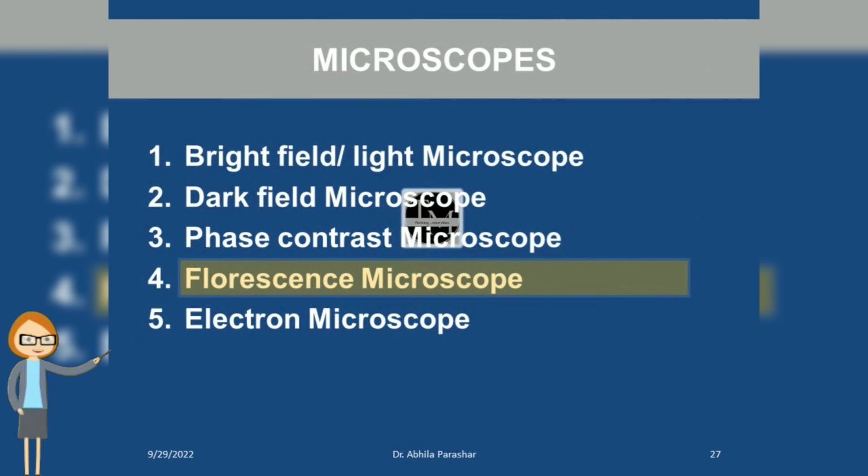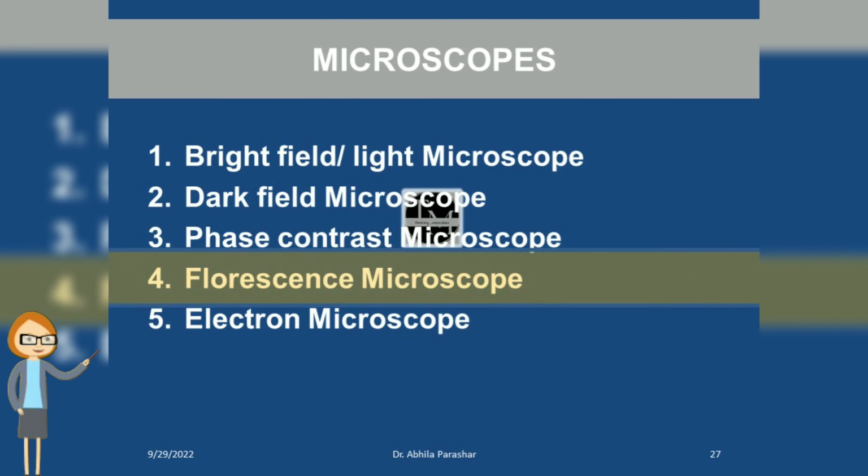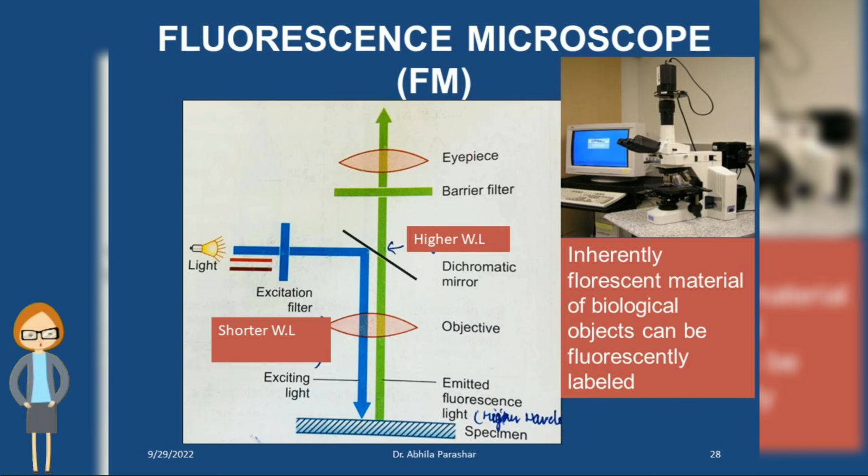The next microscope is the fluorescence microscope. As the name suggests, fluorescence means light. This microscope uses the inherent fluorescent material present in the biological objects, which can be fluorescently labeled. So when the UV light passes through the excitation filter, which is of the shorter wavelength, it is reflected by the dichromatic mirror and converted to a higher wavelength, passes through the barrier filter, and lastly it can be imaged at the eyepiece.